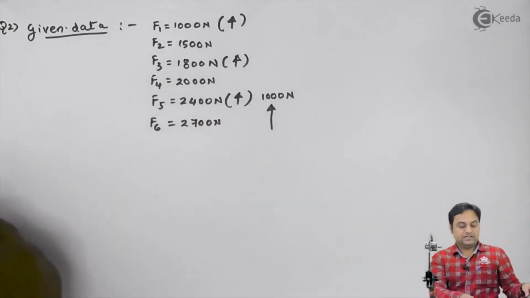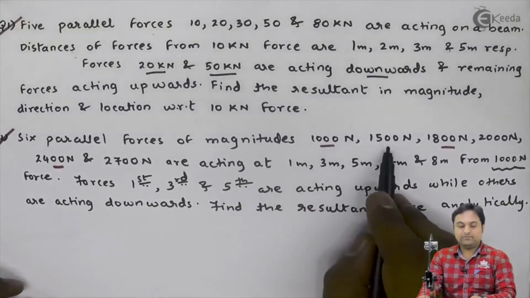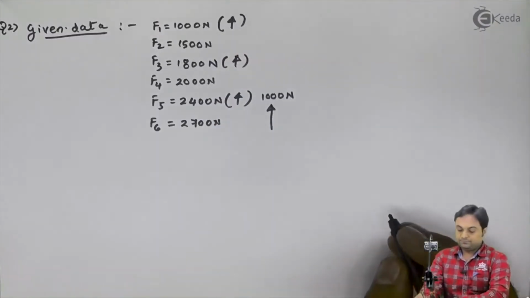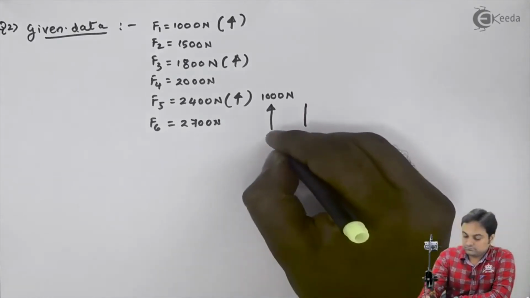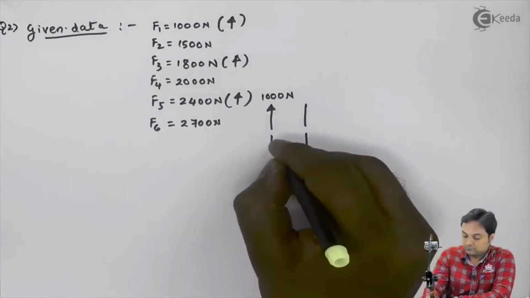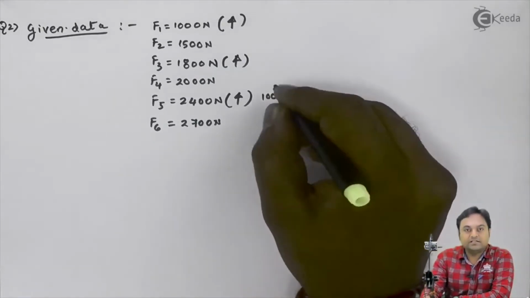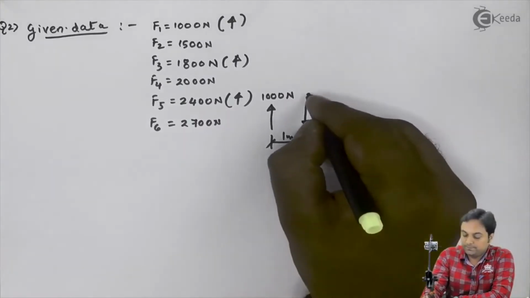Now the distances are given. Between 1000 Newton and 1500 Newton, the distance is 1 meter. 1000 Newton is acting upward, 1500 Newton is acting downward.